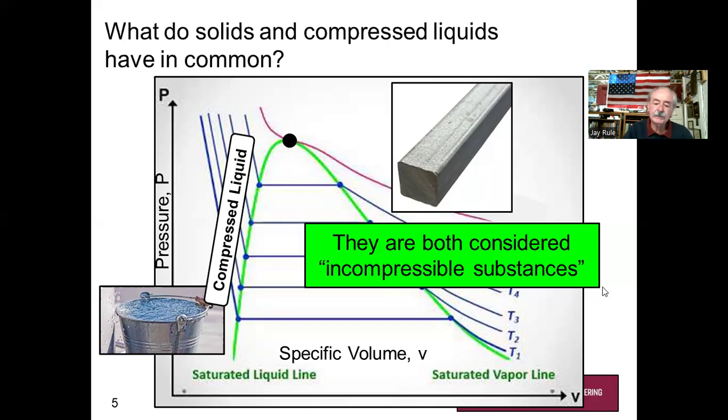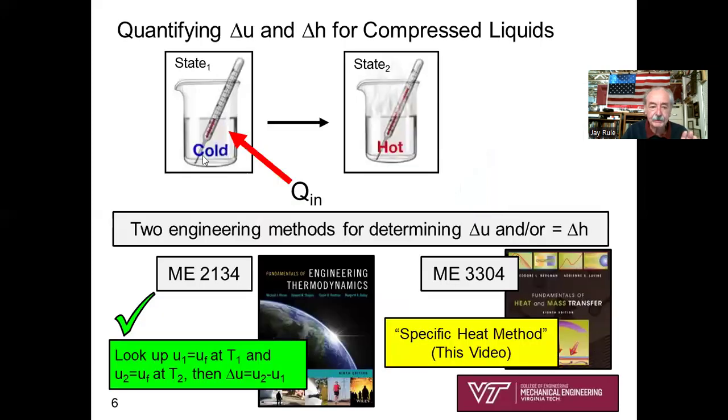Both are considered incompressible substances. So try to get in your mind a vision of what a steel bar looks like, and what a compressed liquid looks like relative to the PV diagram that you've gotten very good at visualizing in your head. Both of these are considered incompressible substances.